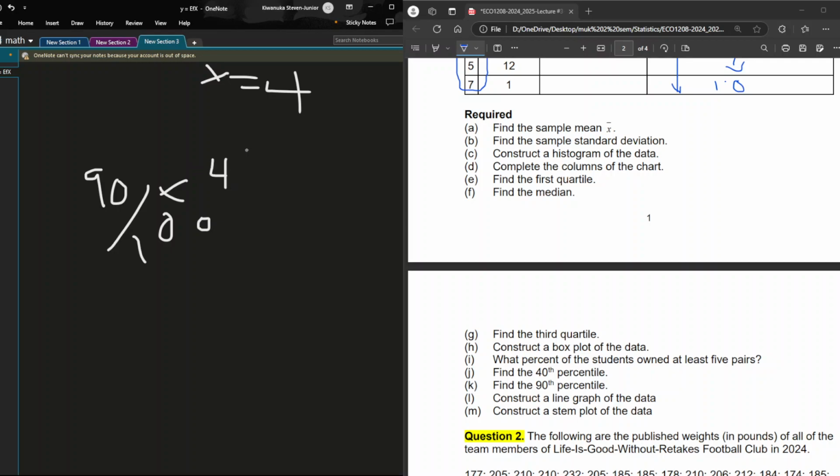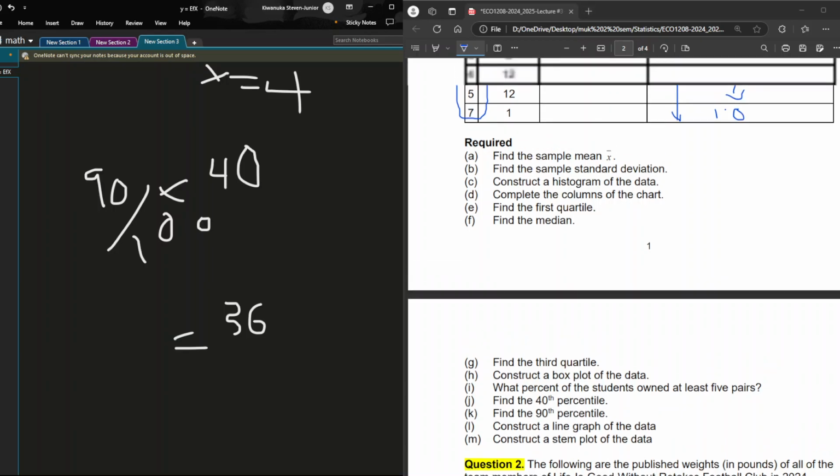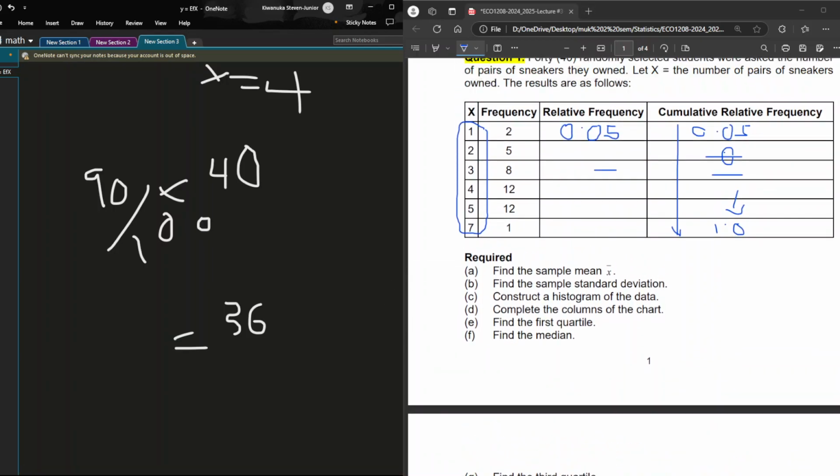But here we use 40, and we get 90 divided by 100 times 40, which is 36. So find out where 36 lies here, and when we add these up, it corresponds to x equals 5.